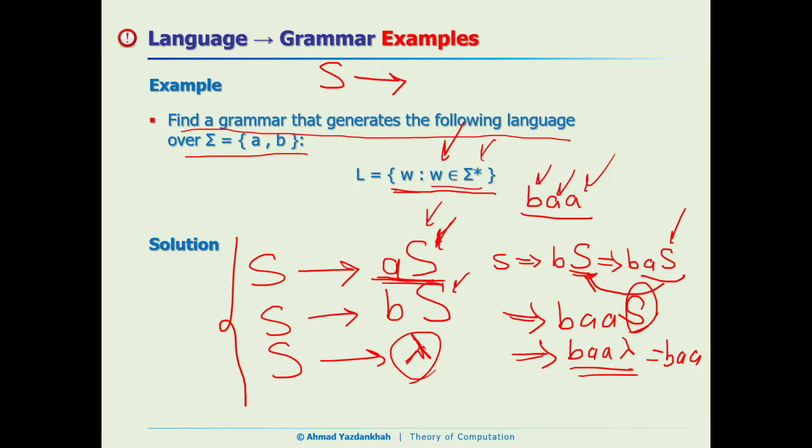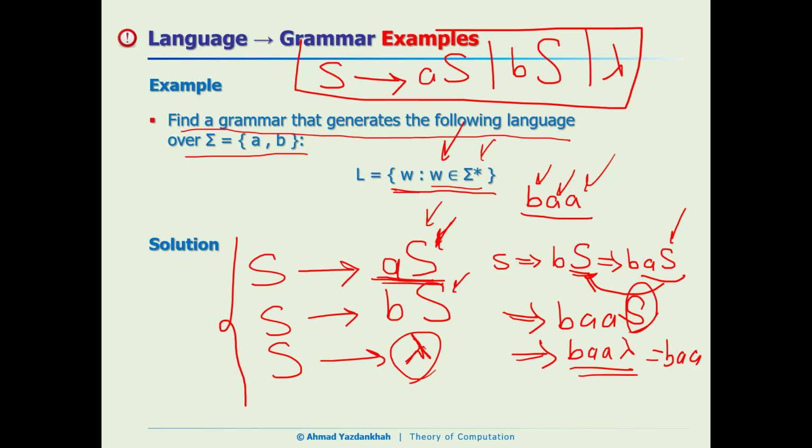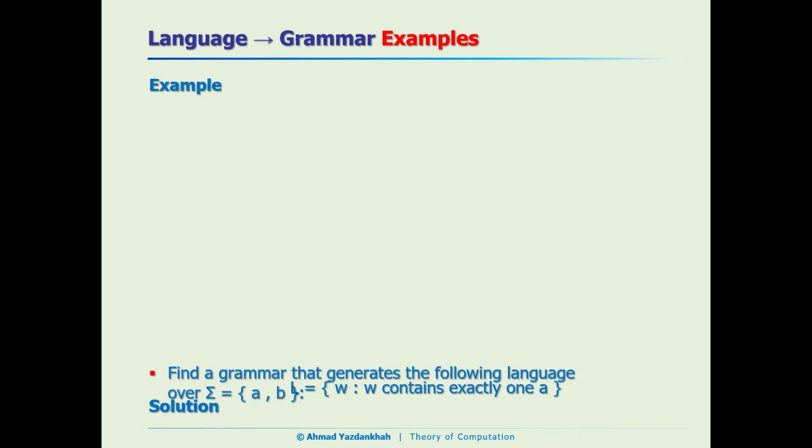So S goes to, or is defined as, aS or bS or lambda. So this will be the solution for this language. Of course, this is not the only way that we can solve this problem. I am sure that after some brainstorming, you can come up with other solutions as well.